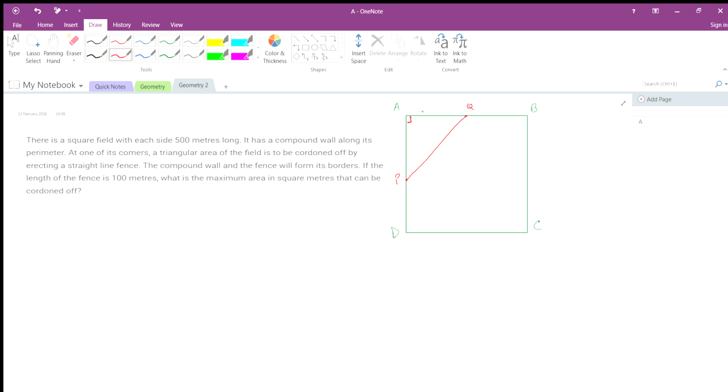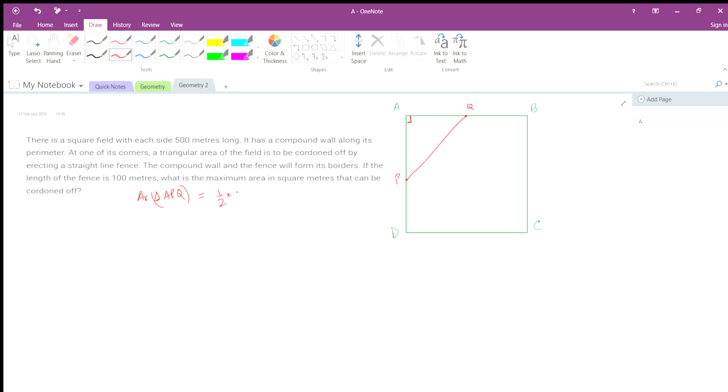Now we have to maximize the area of the triangle APQ. The basic formula is half into base into height.